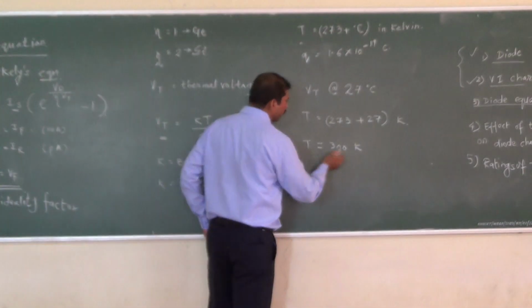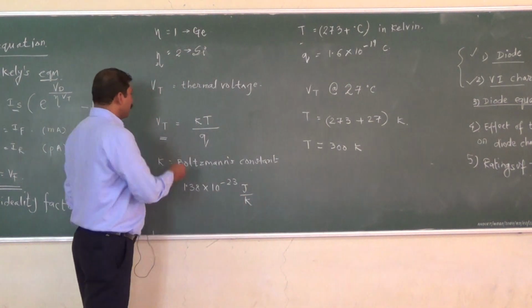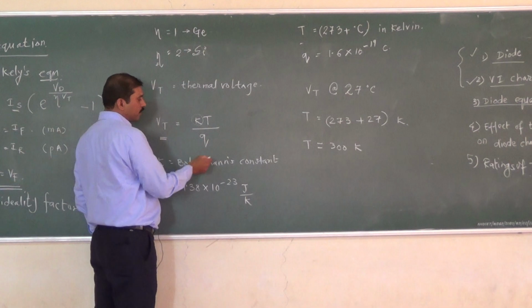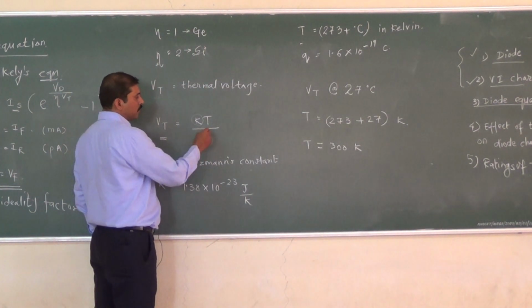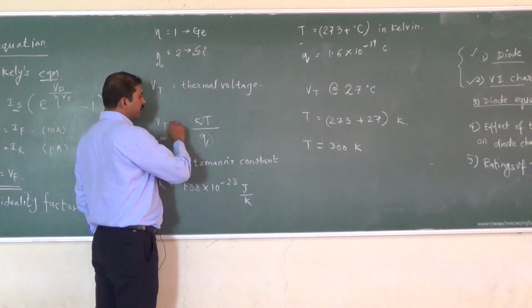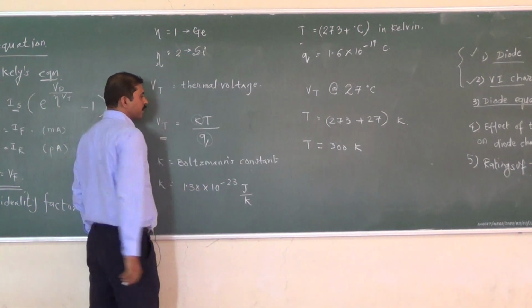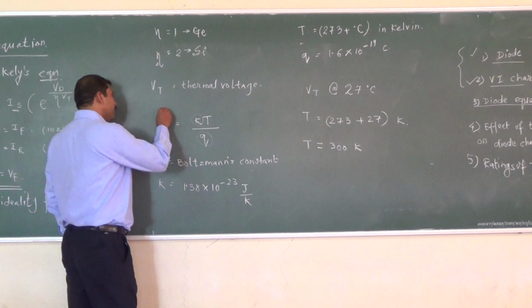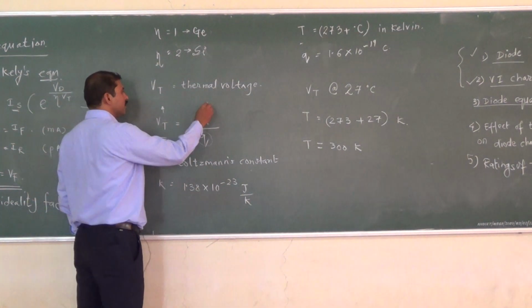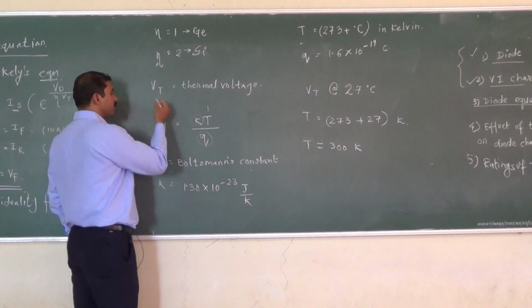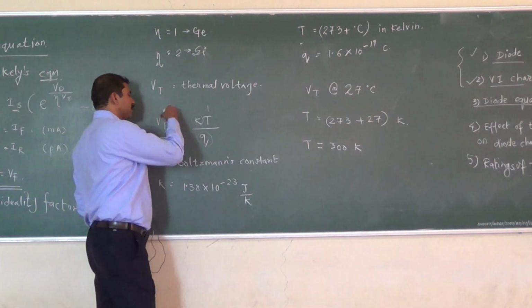Now k is constant, q is constant, the only variable is T, which changes with temperature. So naturally Vt is going to change with this change in temperature. It is observed that with the increase in temperature Vt increases, and with the decrease in temperature Vt decreases.